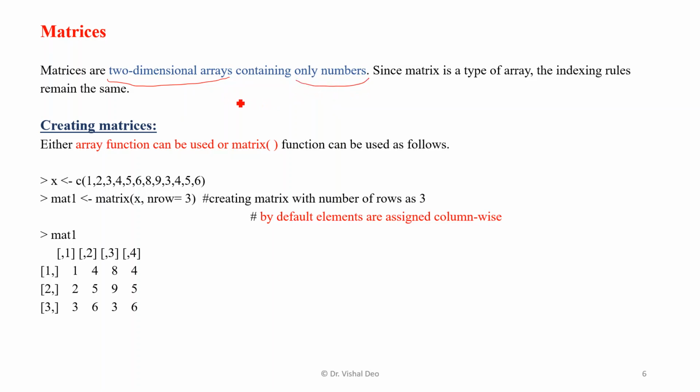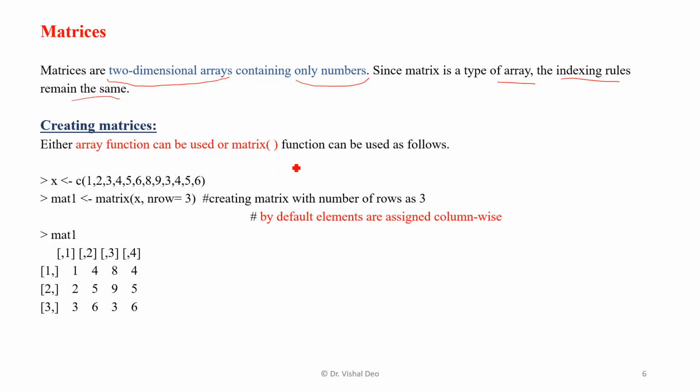So if we are considering an array which is of only 2 dimensions, which is a 2-dimensional array, and it has only numeric values, then it can be called a matrix, right? So basically, matrix is a type of array, and that's why the indexing rules remain the same as that we discussed for the arrays.